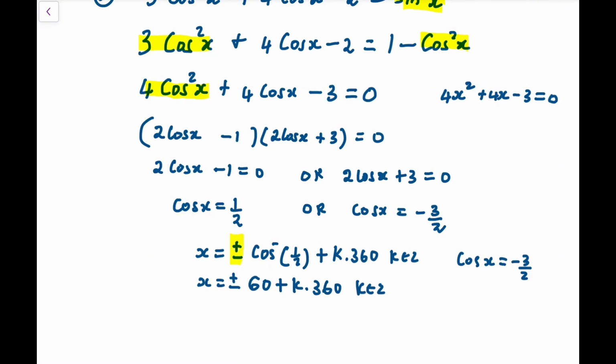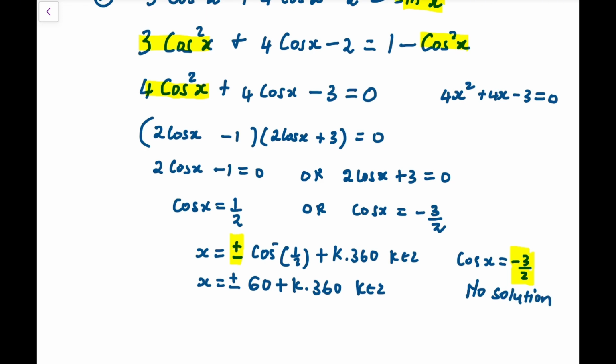Remember from our discussion we said for cos and sine, this value here must be a value from minus 1 to 1. Now, you will realize that negative 3 over 2 is beyond that domain, because negative 3 over 2 is the same as negative 1,5. So this one already, we know that it has no solution.